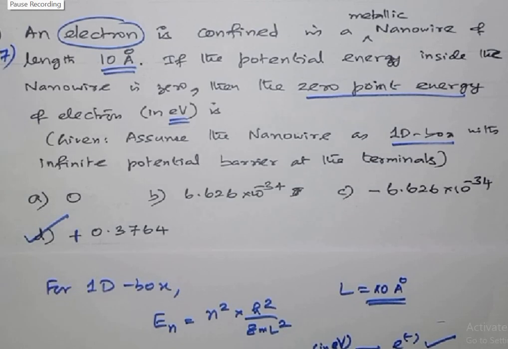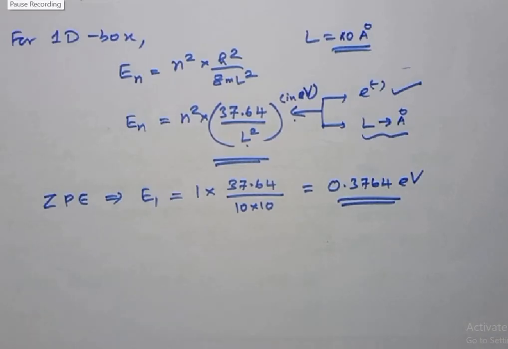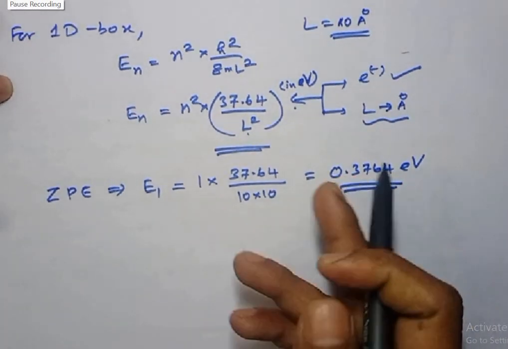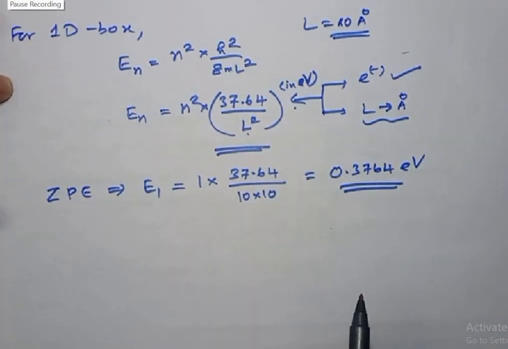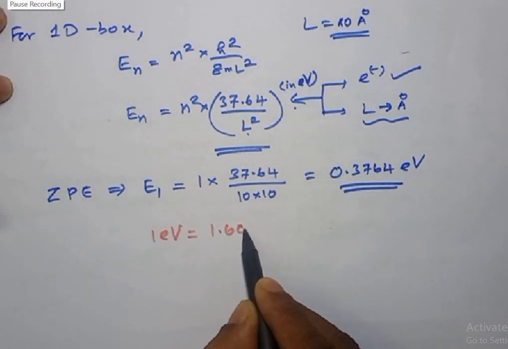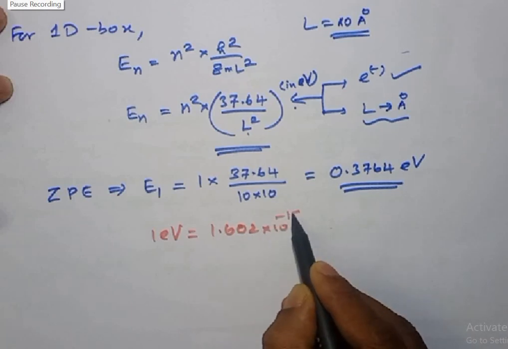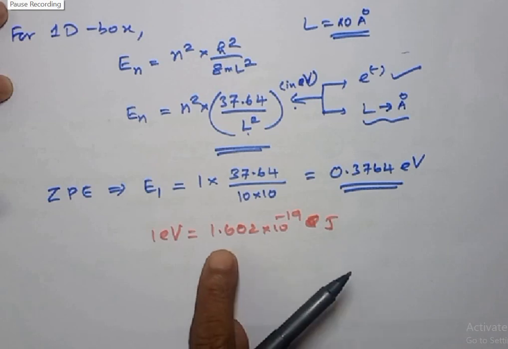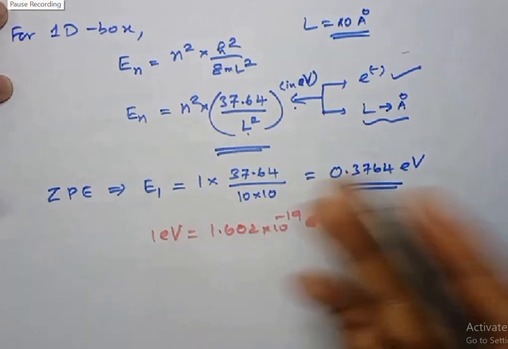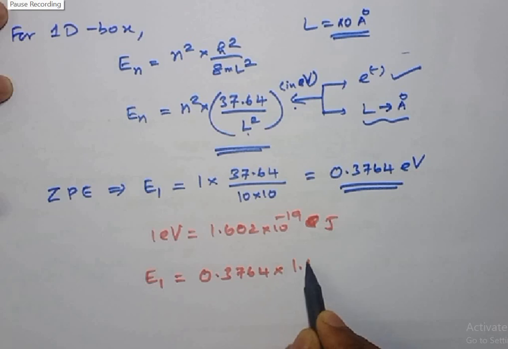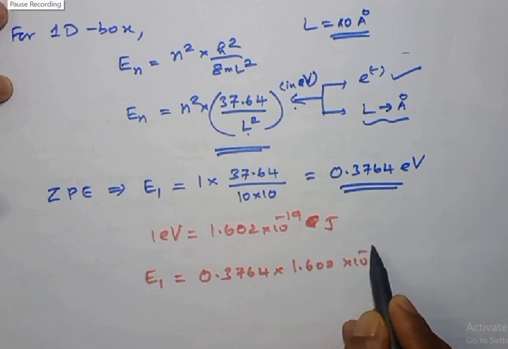Otherwise, you just take this value and multiply by 1.602 into 10 power minus 19 coulomb. You know, 1 electron volt equals 1.602 into 10 to the power minus 19 joules. If you multiply, you will get the answer in joule. So E1 equals 0.3764 times 1.602 into 10 power minus 19.